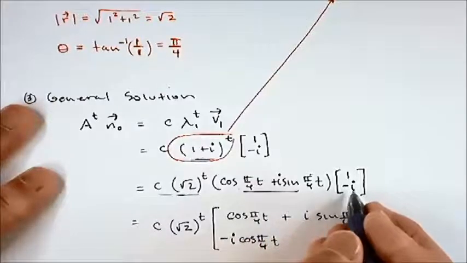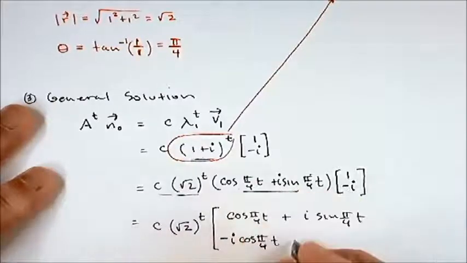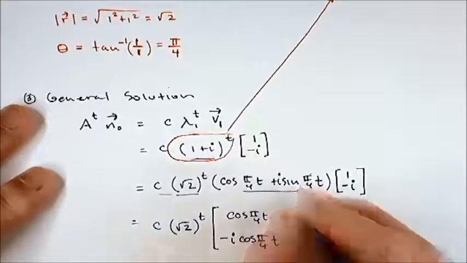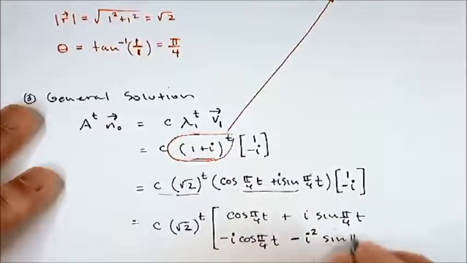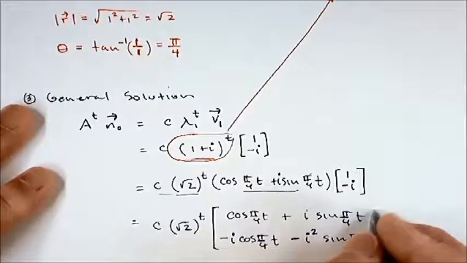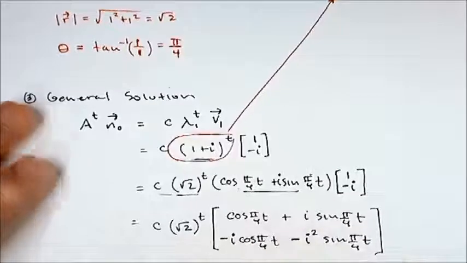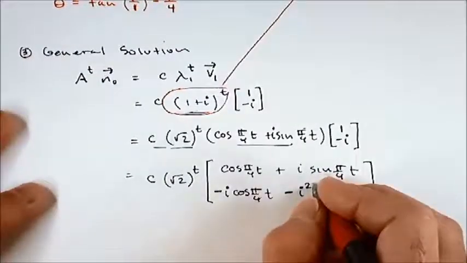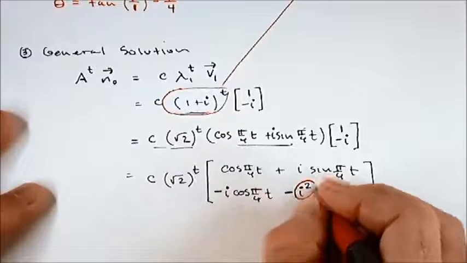Okay, you ready? This negative i times this i would make this minus i squared times sine of pi over 4t. What do we know i squared equals, though?